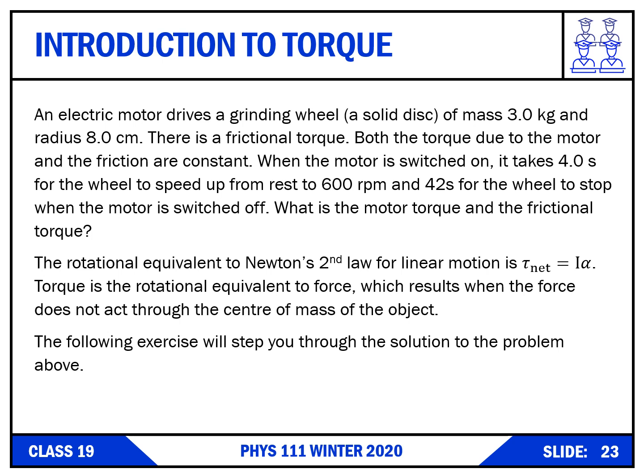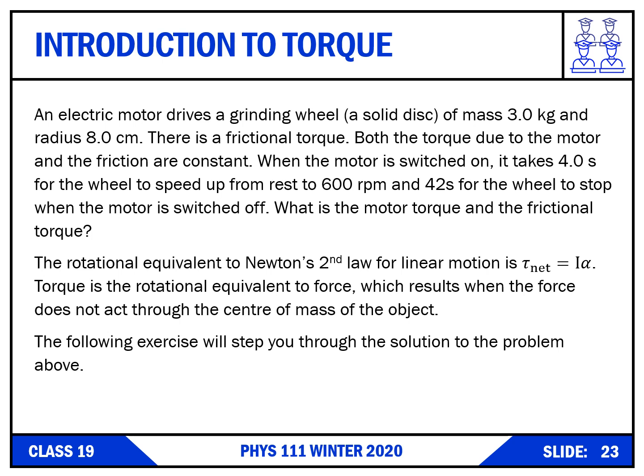The question here is saying an electric motor drives a grinding wheel, or basically a solid disc, of mass 3.0 kilograms and radius 8.0 centimeters. There is a frictional torque, and both the torque due to the motor and the friction are constant. So the key thing here is that we have two torques to look at. We have a frictional torque, similar to a frictional force, and we also have a motor torque, similar to the motor force.